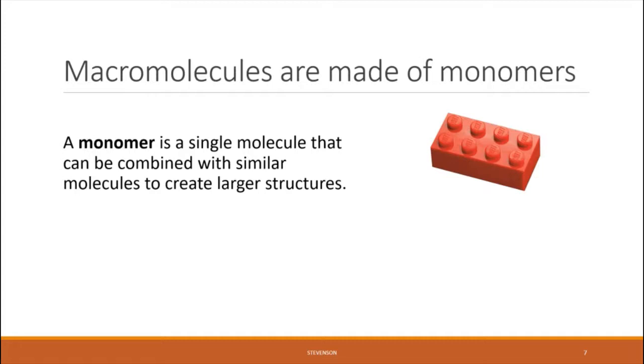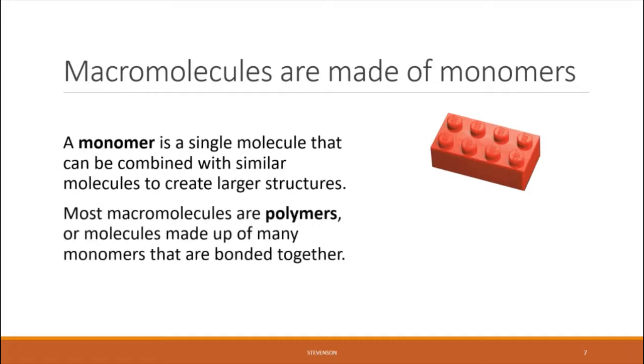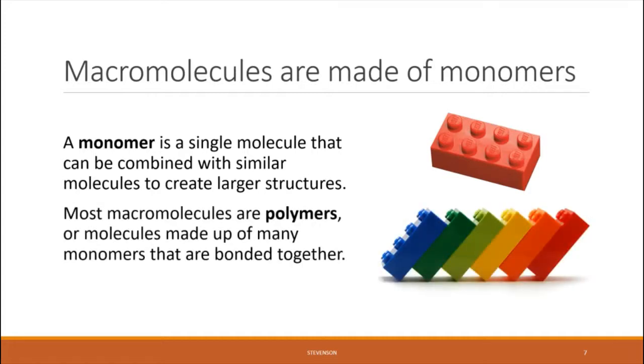So a monomer is a single molecular building block that can be combined with other building blocks to make polymers. Most macromolecules are considered polymers, which are chains of monomers put together. The prefix poly means multiple, and so a polymer is a chain of multiple monomers put together.